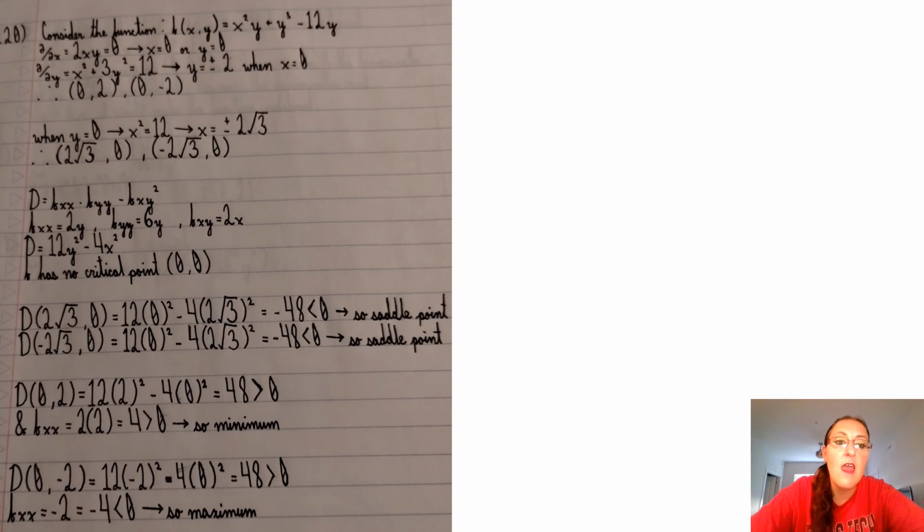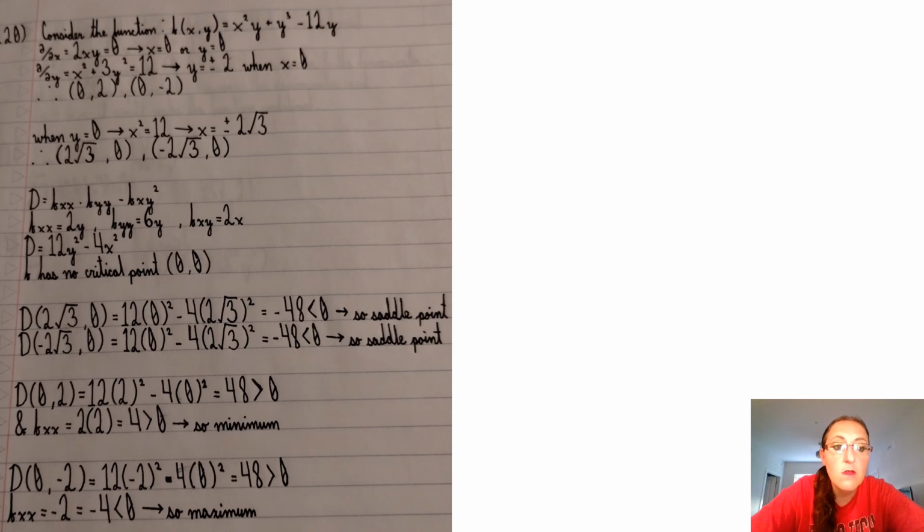Consider the function f(x,y) equals x squared y plus y cubed minus 12y. d/dx equals 2xy equals 0, giving us x equals 0 or y equals 0. d/dy equals x squared plus 3y squared equals 12. y equals plus or minus 2 when x equals 0.